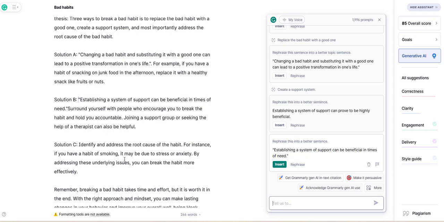Okay, and so all of this, that's how you would use Grammarly to help you create the outline. It's okay to use ChatGPT to help you create an outline. It's okay to use ChatGPT for idea generation. And then you have to go off with your research questions and look up the answers to them.